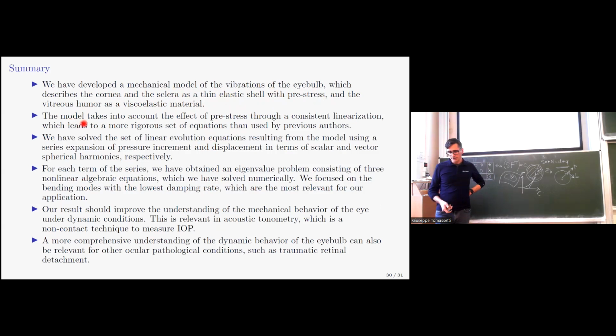And what is important is that, differently from what you find in the literature, the model takes into account the effect of pre-stress through a consistent linearization. So it's not introduced ad hoc. We have solved all these equations in a series expansion using spherical harmonics, a complete system.